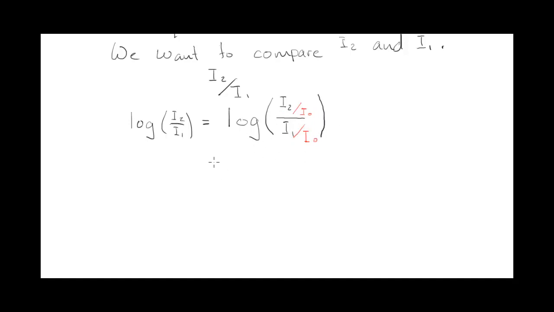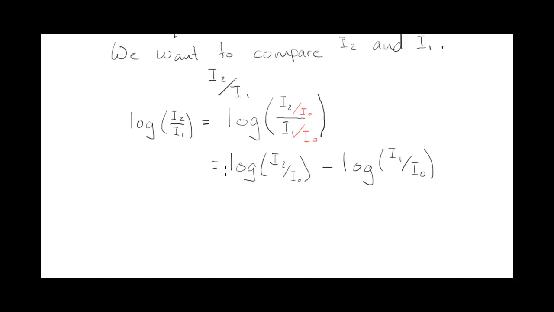And now I'm going to separate this using log laws. This is the logarithm of something divided by something, so I can split that into two logarithms: the logarithm of the numerator, I2 over I0, minus the logarithm of the denominator, I1 over I0.